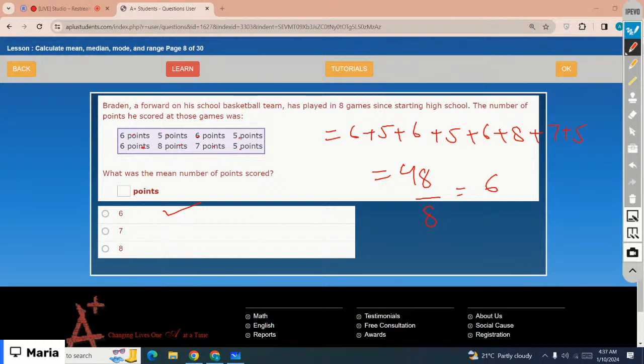What is mean? Sum of all the values divided by the number of values, right? I'm going to write the definition here. You can just note down this definition.